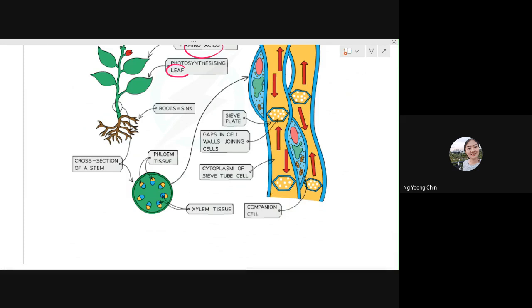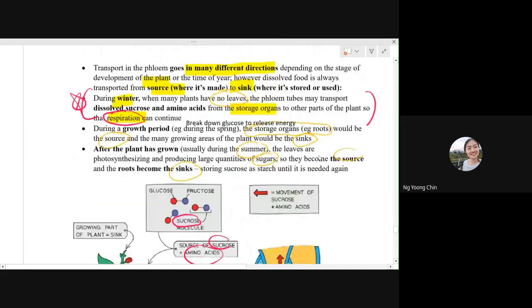Okay, so remember about the structure of the phloem.